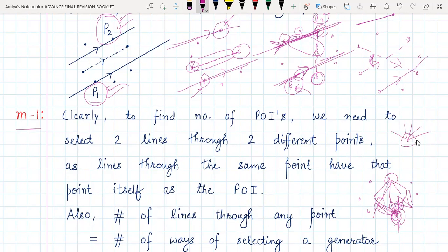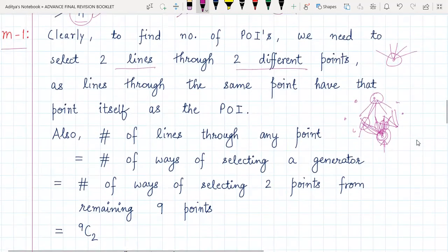So that's something that we want to count, the new points of intersection that will be generated. So clearly we need to select two lines through two different points, and then see in how many ways can we select a pair of such lines, and moreover they must intersect. They shouldn't be parallel, otherwise if they don't intersect, then there is no point of intersection.